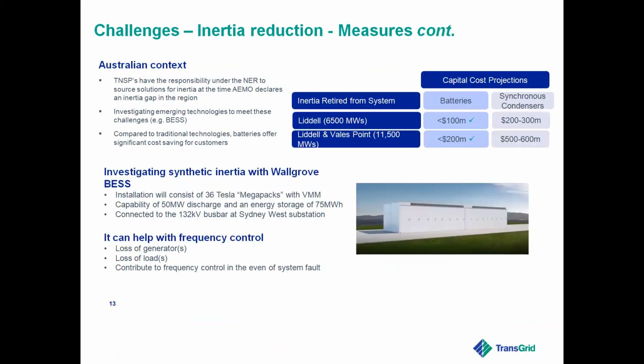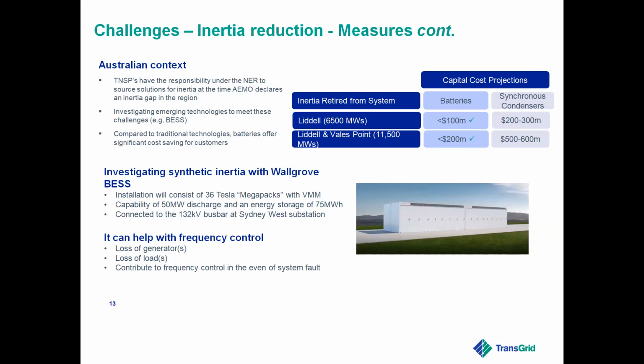This is just an example. We are now in Australia, where normally transmission network service providers, say Transgrid, which I am working in, is one of the network service providers for New South Wales. So we are responsible for providing the inertia to the system. So if there is an inertia shortfall, the Australian Energy Market Operator will declare a gap.